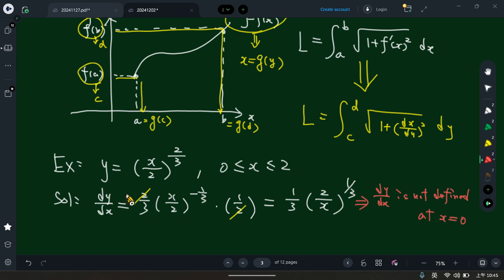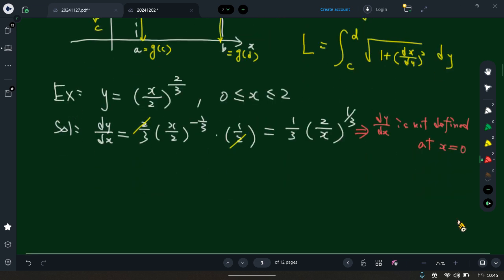But after we just get the dy over dx, here you can see we cannot let x be 0. So that means we fail to get f prime x when x is equal to 0. So in such a case, we need to find another way.